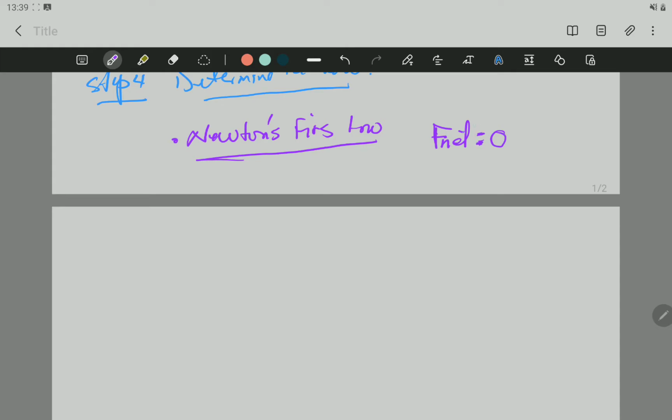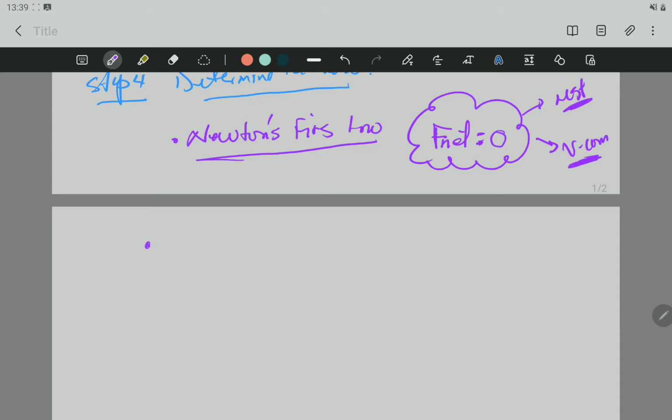When the net force is equal to 0, the object is either at rest or moving with constant velocity. So when are we going to apply Newton's first law? Whenever the object is at rest or moving with constant velocity.